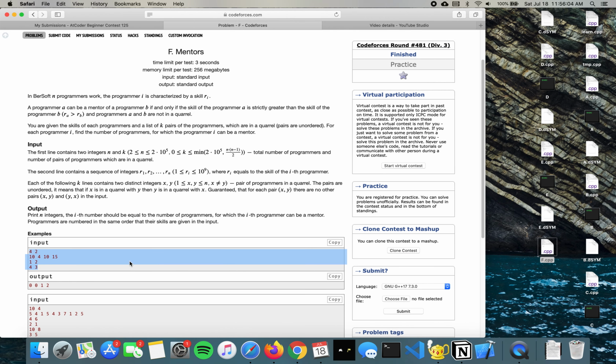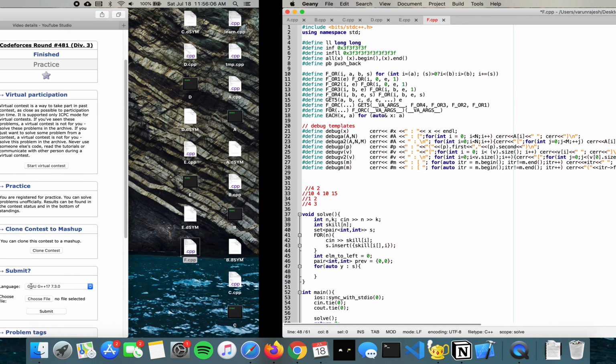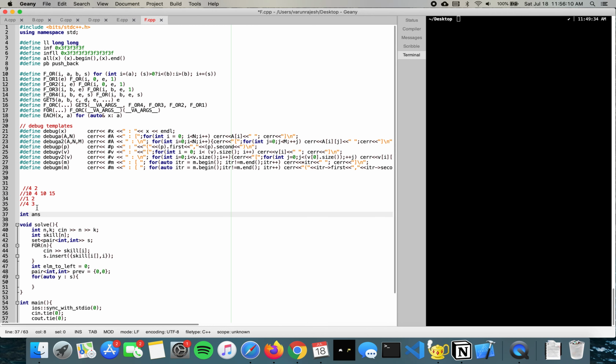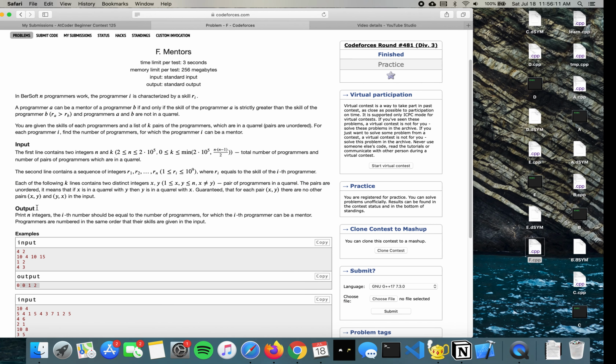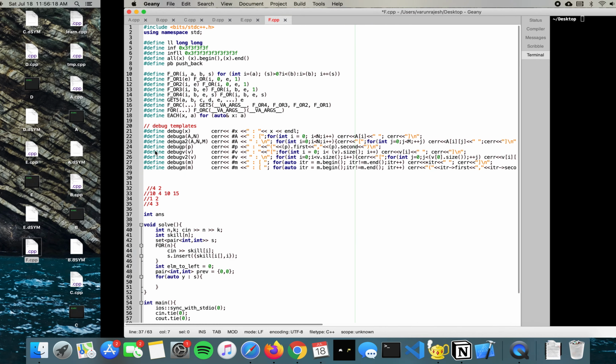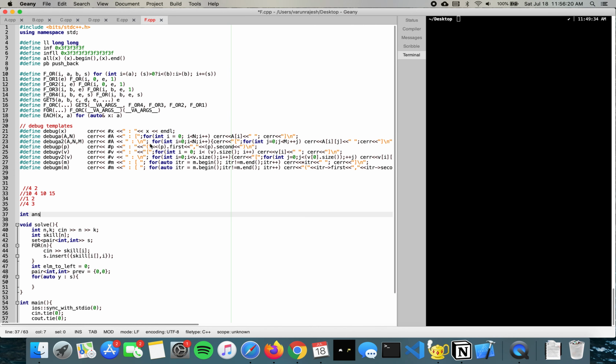So we want to keep track of the 0, 0, 1, 2. So let's just create some array which I'll call answer. The maximum value we can have for n is 2e5, right? So let's just make that 1, 2, 3, 4, 5 plus some leeway. So that should be fine.